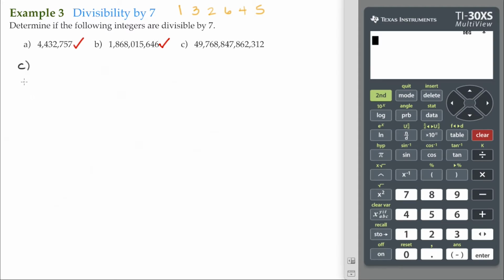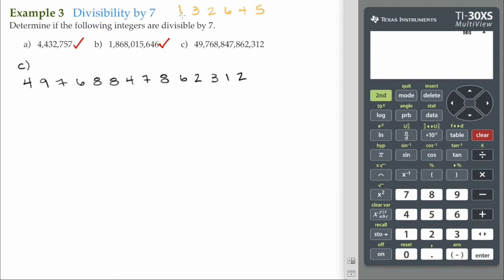So I'm just going to write out the digits here. 4, 9, 7, 6, 8, 8, 4, 7, 8, 6, 2, 3, 1, and 2.